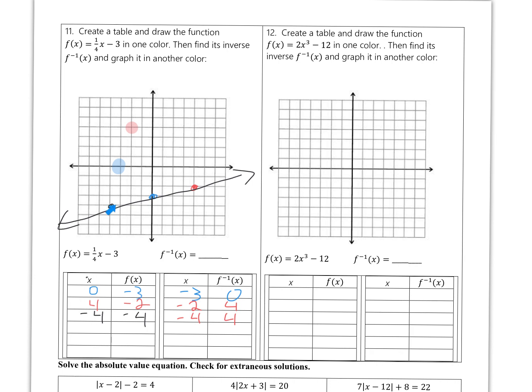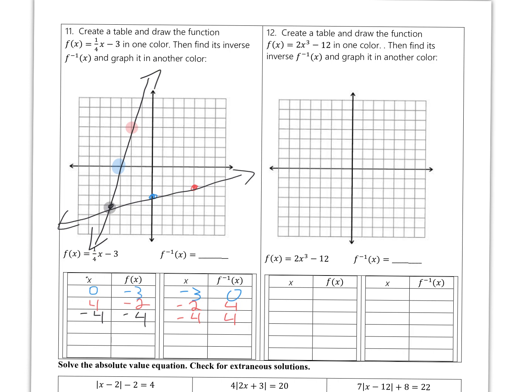And then this point, which is at negative 4, is still negative 4, negative 4. So we could put that point right there. Okay, then we can draw a line through that one as well. Something like that, okay?